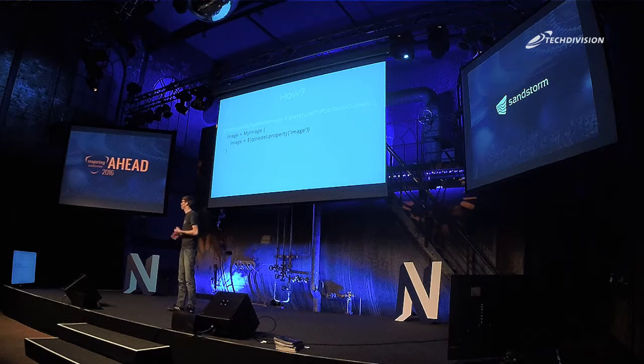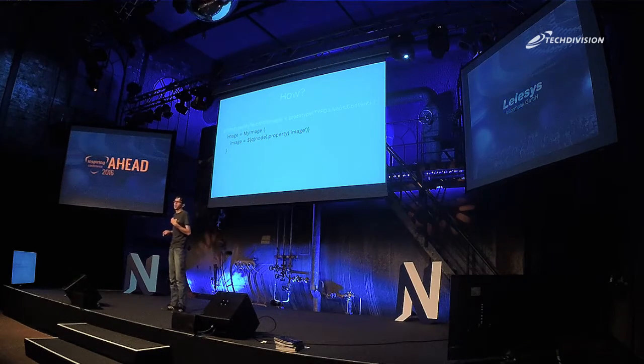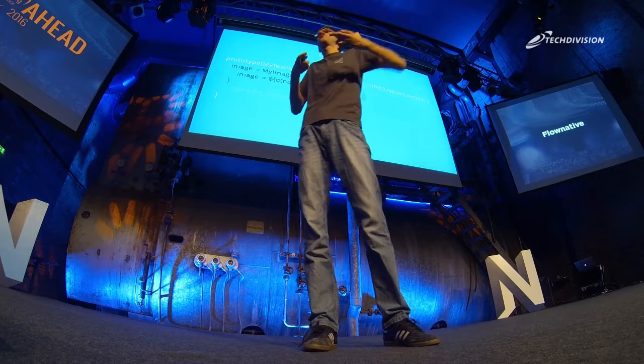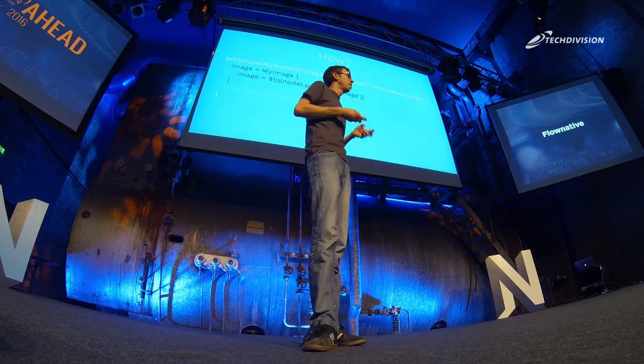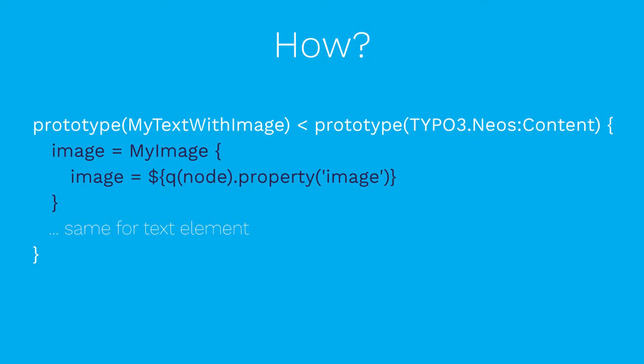Basically, what you do, you create your prototype, my text with image. It inherits from content, as it's just a normal content object. So that's just the basis. And now, instead of having the image implicitly rendered somehow, you would rather create a new instance inside my text with image, which you call my image, where you instantiate the object my image, and where you configure it the way you need it to be, so where you wire it to your nodes and these kinds of things.